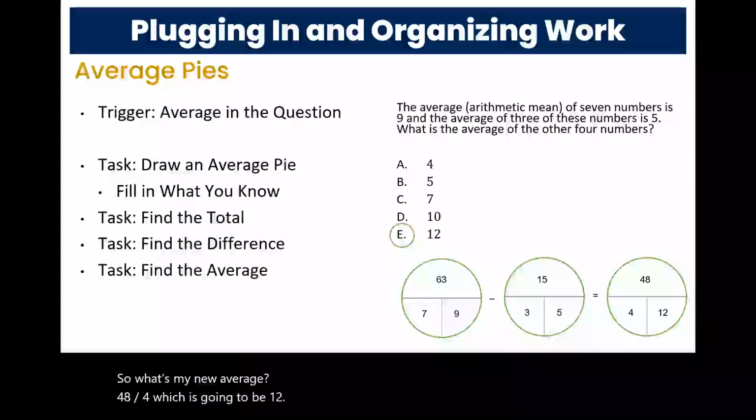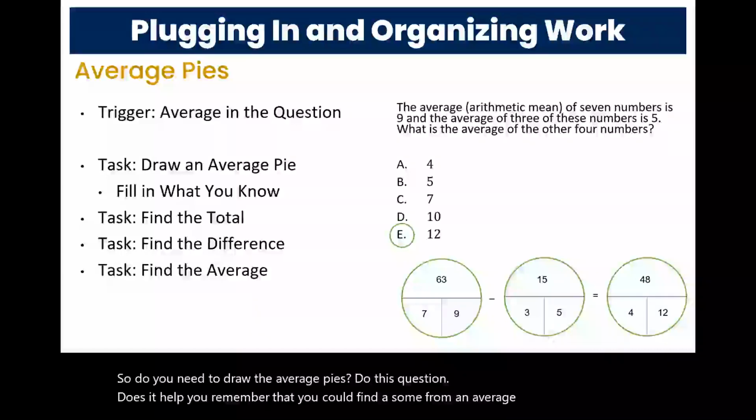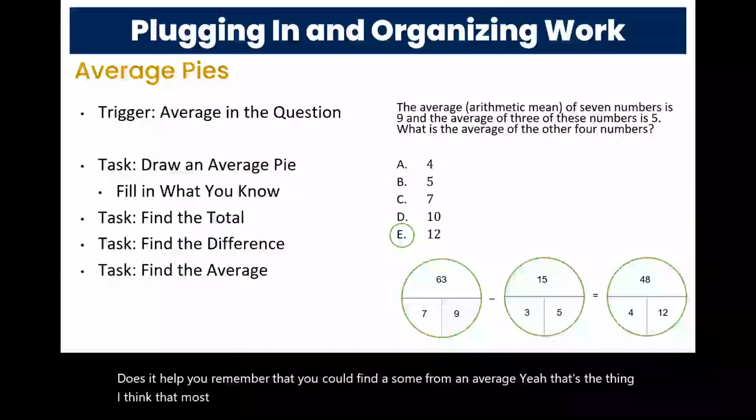There we go. So do you need to draw the average pi's to do this question? Nope. Does it help you remember that you can find a sum from an average? That's the thing I think most people forget with averages: you can actually find a sum from an average.